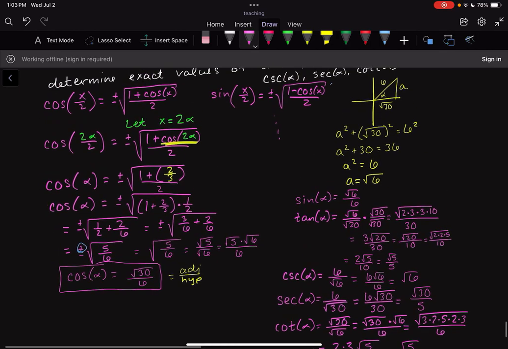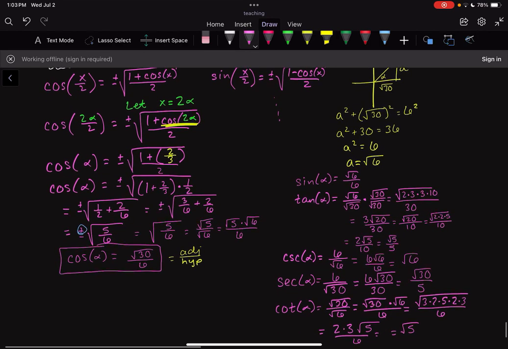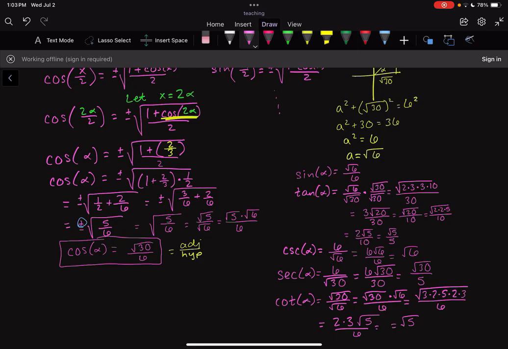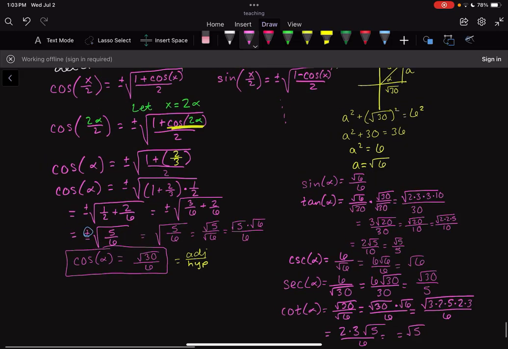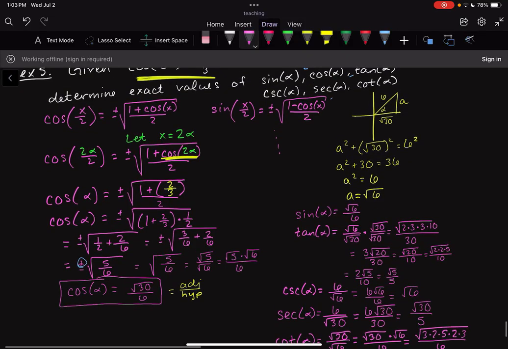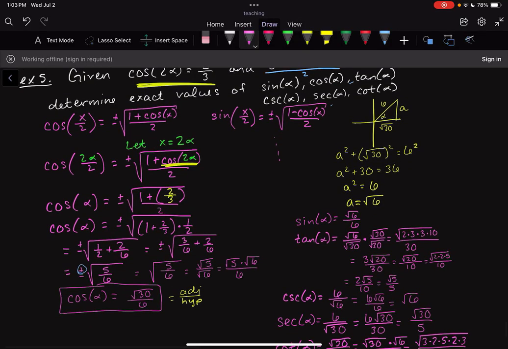A little bit of a disclaimer for the test. I do not make you simplify all of those down as far as the online homework is going to make you do. I also think that this problem took a while. So realistically, I don't think I could ask you for all 6 of the trig functions. I might just ask you, like, find cosine alpha given cosine 2 alpha.